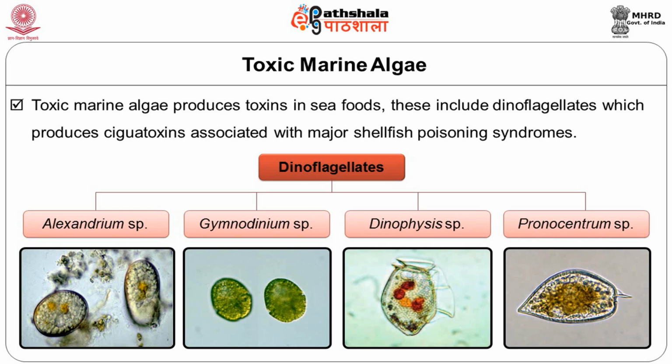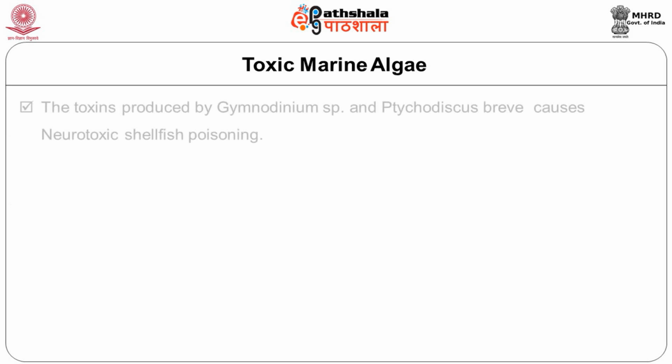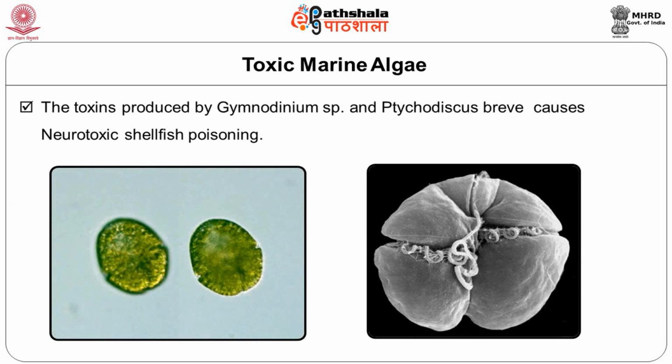A concentration as low as 200 cells per ml may produce toxic shellfish. Outbreaks of paralytic shellfish poisoning have been occurring regularly throughout the world. The toxins produced by Gymnodinium and Ptychodiscus brevis cause neurotoxic shellfish poisoning. So, how do we control?